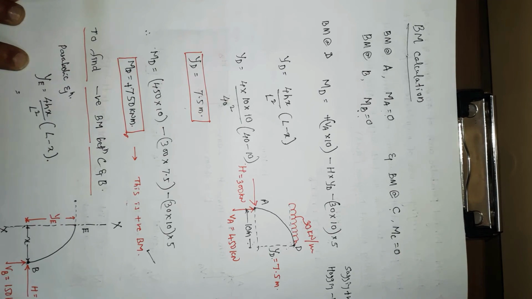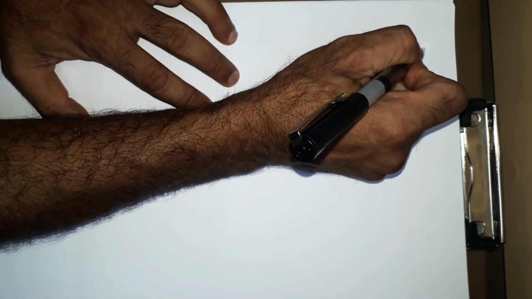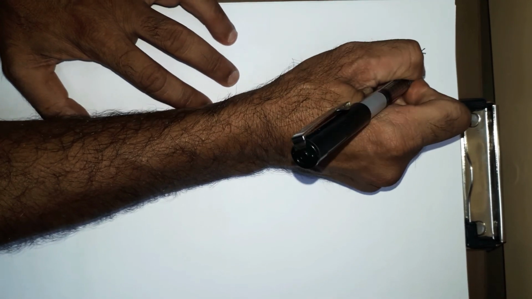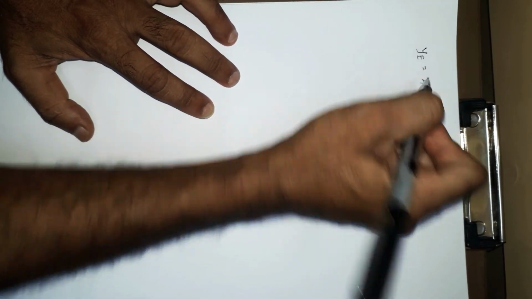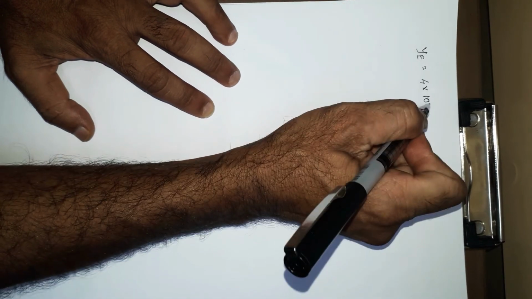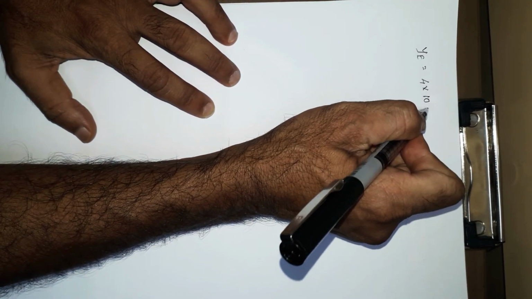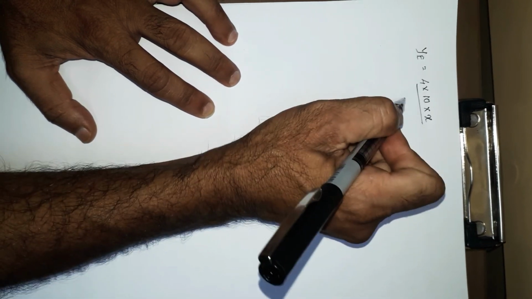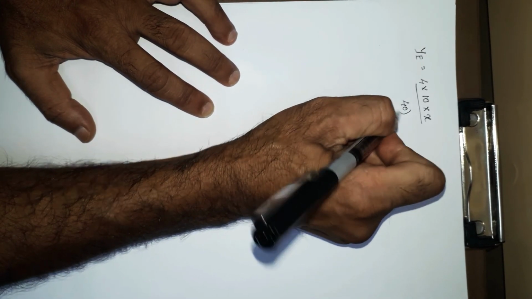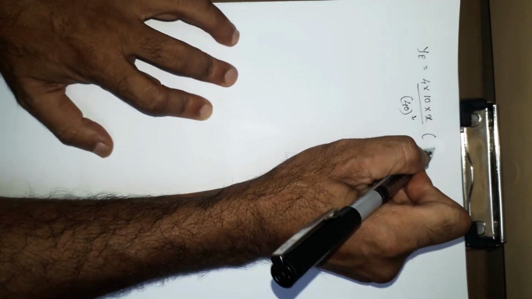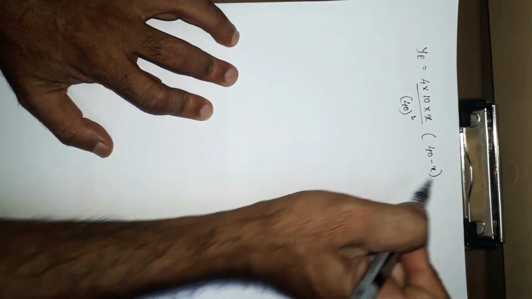So YE is equal to 4 into H, the central rise, which is 10 meter, into X, which we don't know so keep it as it is, divided by total span 40 square, into bracket (40 minus X).